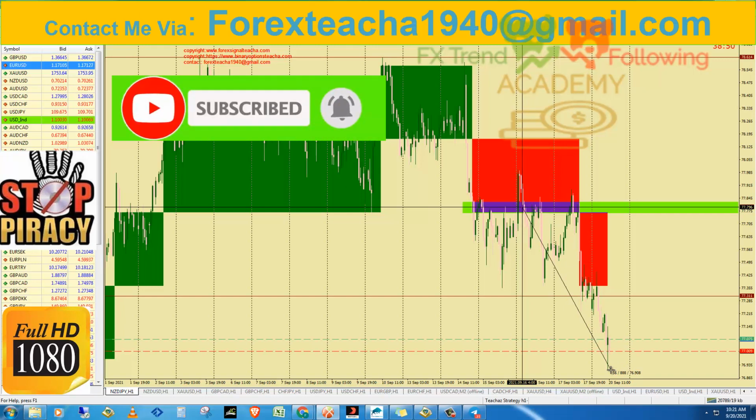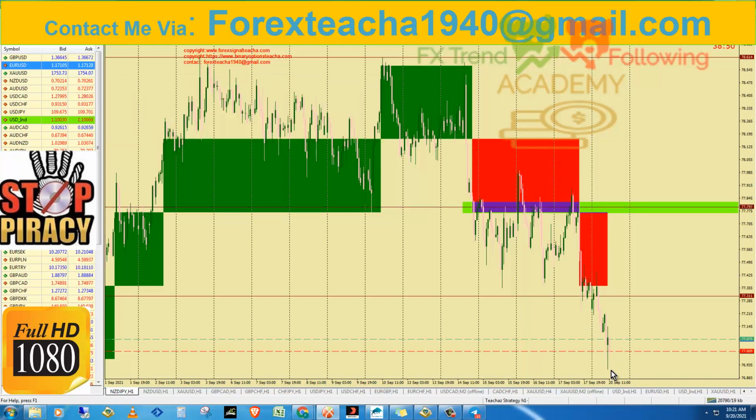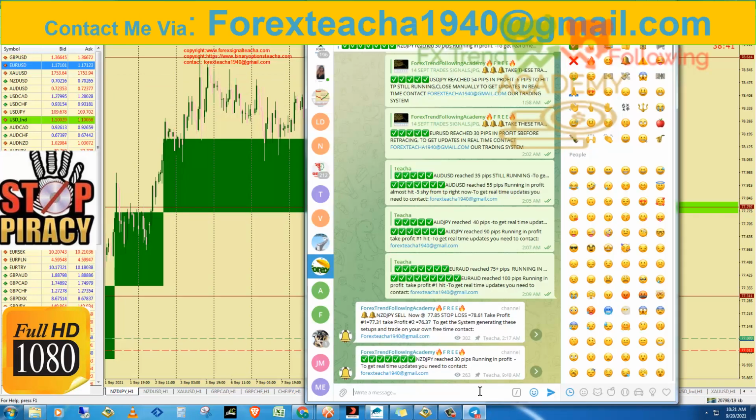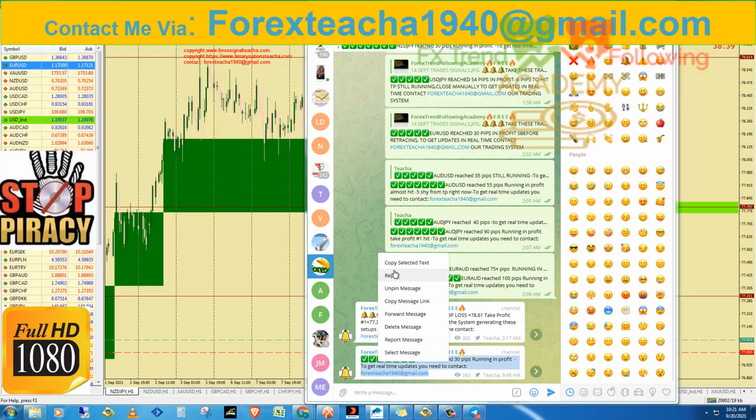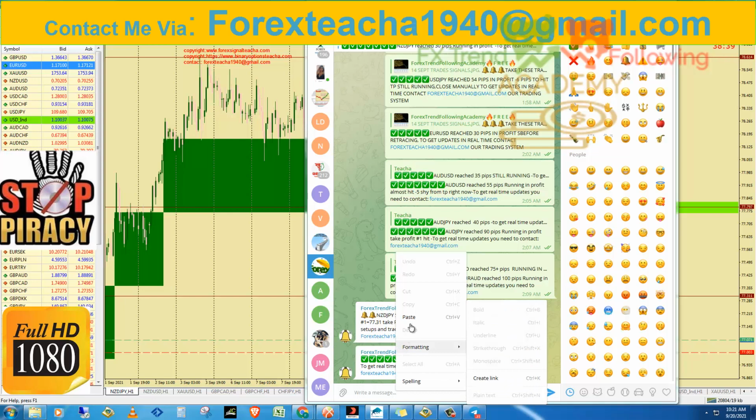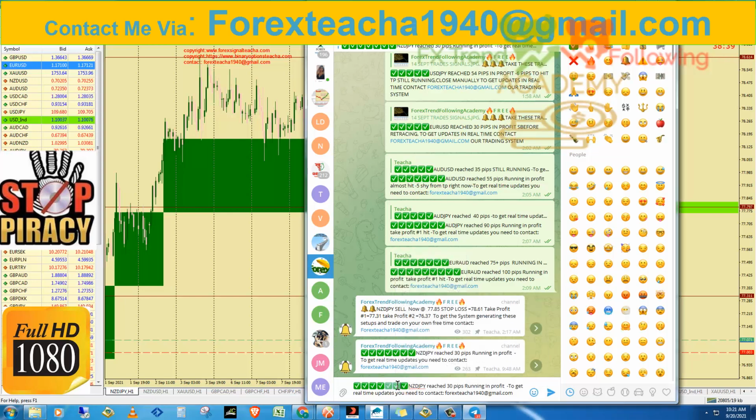So it has reached about 88.8 pips, so that's about 88 pips. So let me just go to the Telegram channel so that I tell the guys the trade has reached.